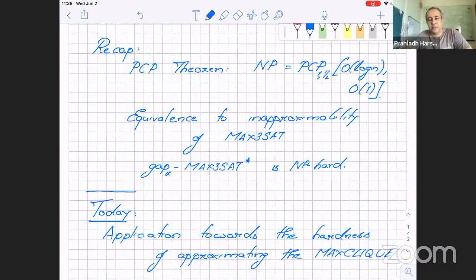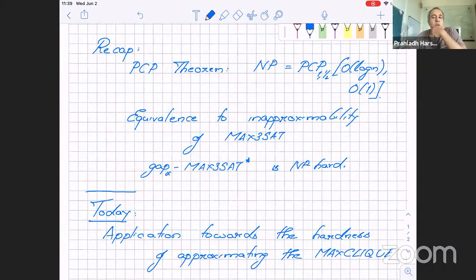As in the case of max 3 SAT, it will be good to work with a decision problem. Given a graph, what's the max clique problem? You have to find the clique of the largest size.